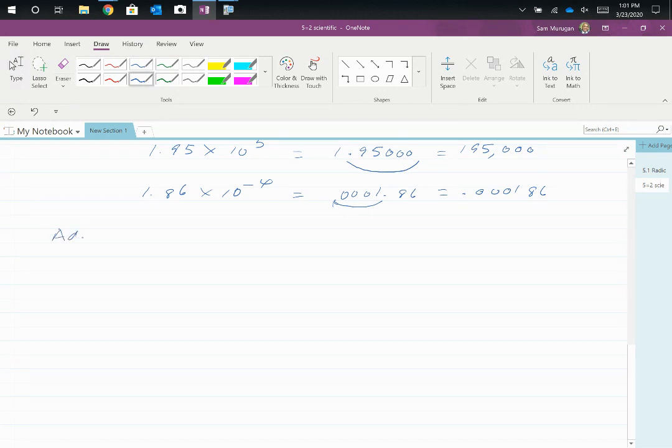To add or subtract scientific notation, one, the exponents or powers of 10 must be made the same.